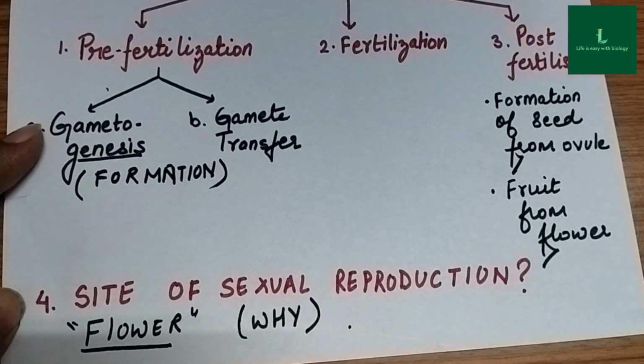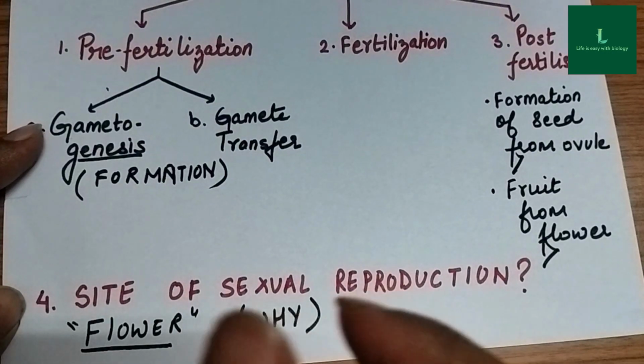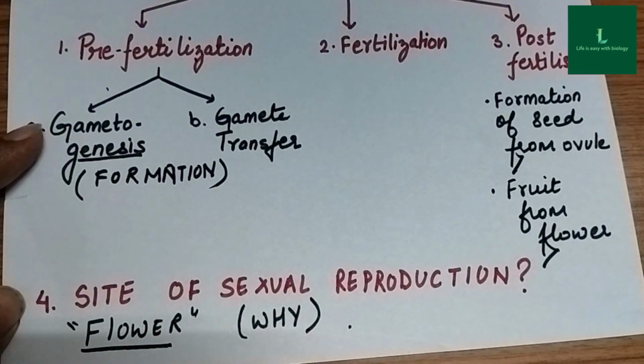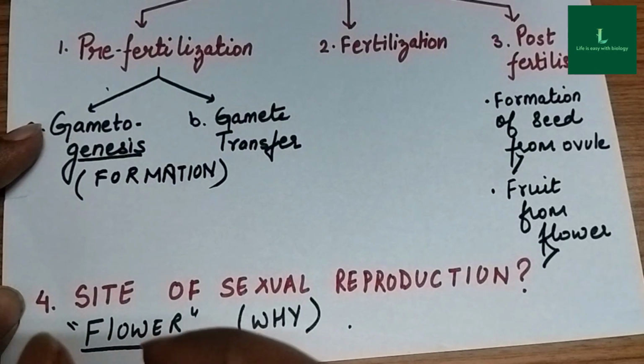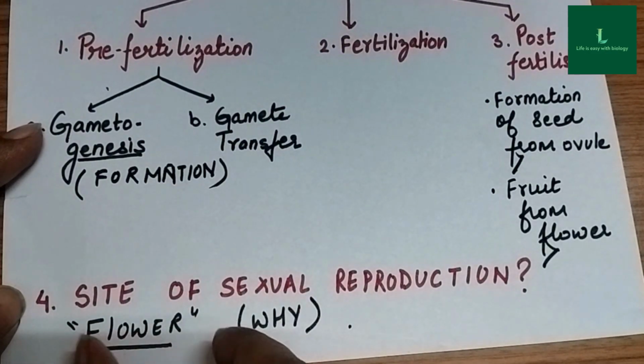Now, why flower? ऐसा क्यों है कि फ्लावर को सेक्सुअल रिप्रोडक्शन का साइट कहा गया? इसलिए कहते हैं क्योंकि बोथ मेल एंड द फीमेल रिप्रोडक्टिव ऑर्गन, that is the androecium, the male reproductive organ in flower, and the female reproductive organ, that is the gynoecium, both are present in the flower itself. So it is the site of sexual reproduction.